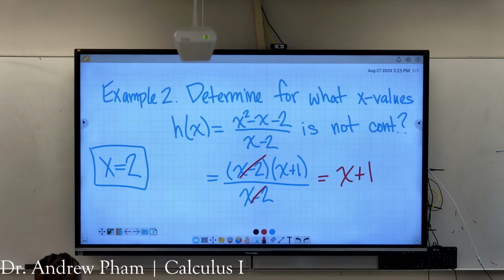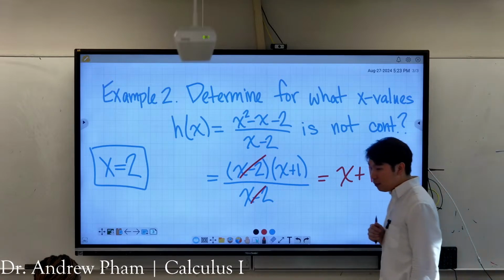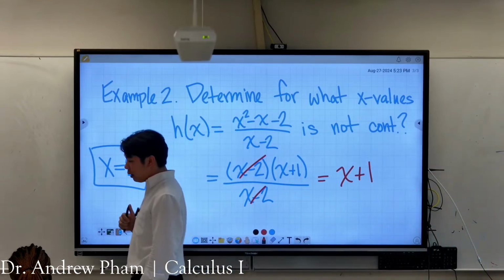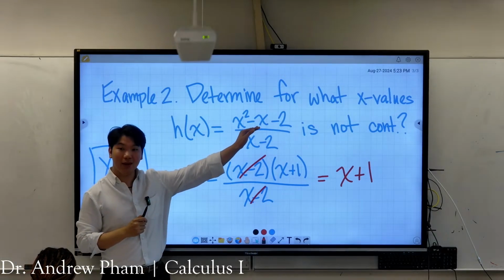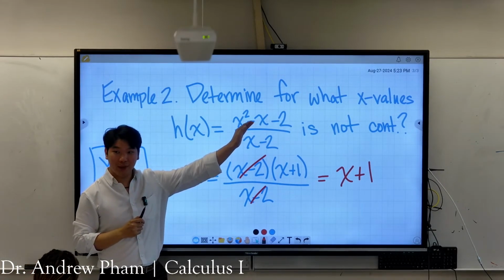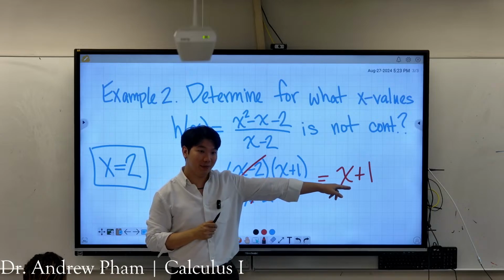And I'm asking, is x equal to 2 still a problem? Or should I even think about this factoring? I want y'all to notice something. And I think I mentioned this to a couple of y'all who stayed to chat after class one time. Here's my function. Am I allowed to plug in x equal to 2 here in the original? No. Can I plug x equal to 2 into here?